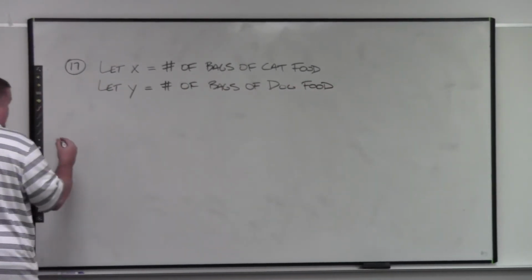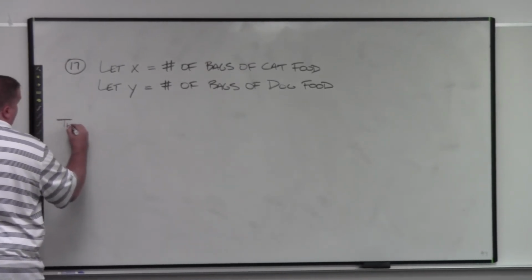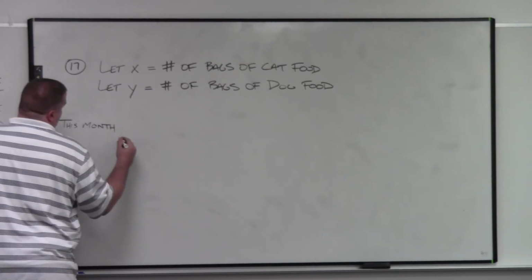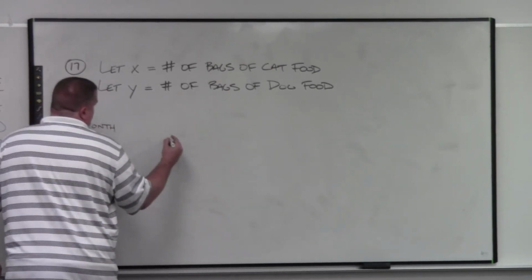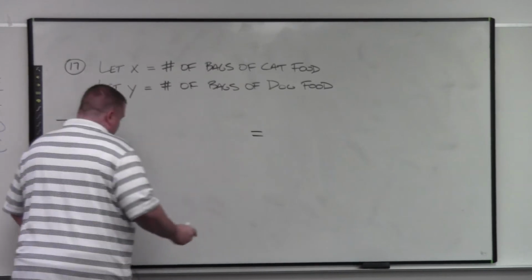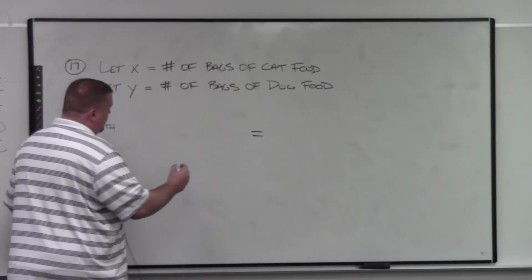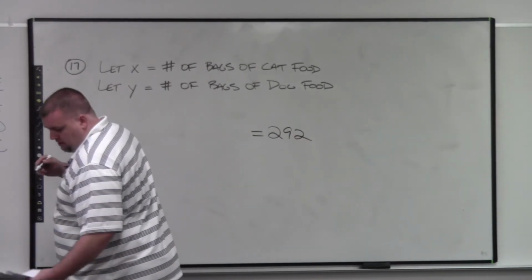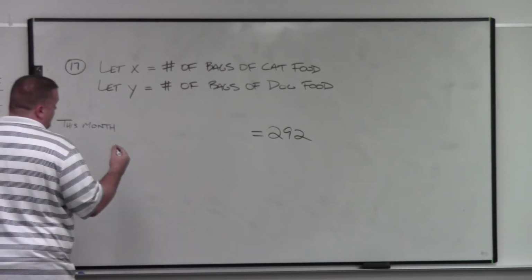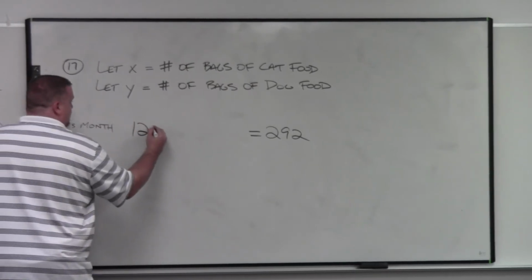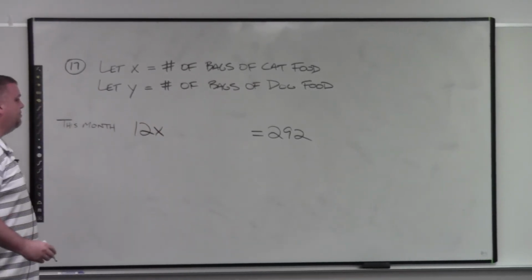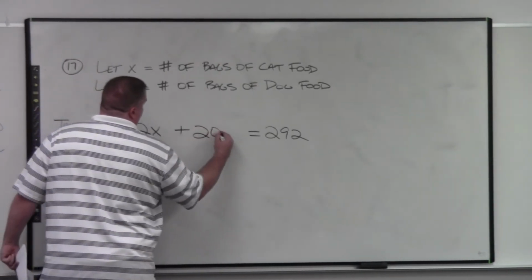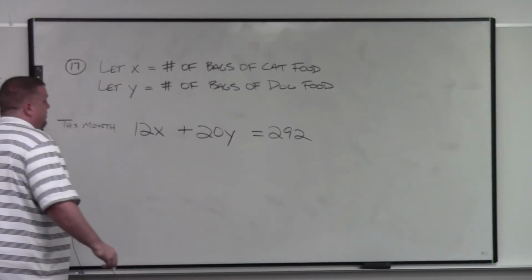So one of the equations is dealing with this month's order. Now we know this month's order totaled how much? $292. And how much does cat food cost this month? $12. So $12 for every bag of cat food. How much for dog food? $20 for every bag of dog food.